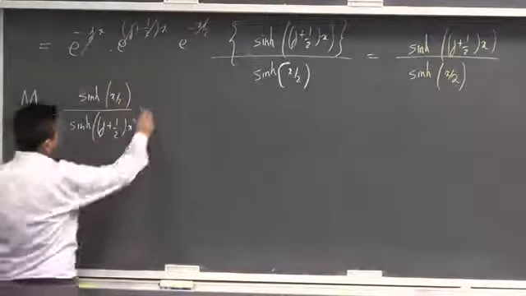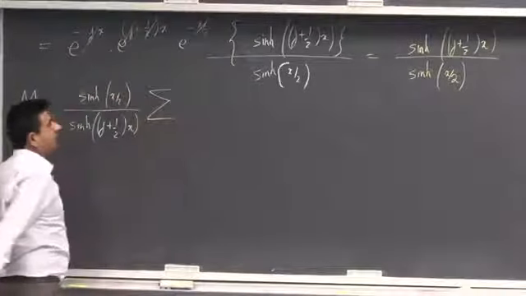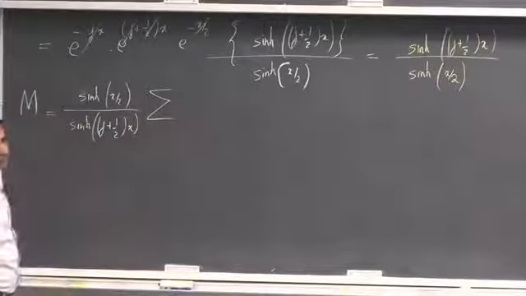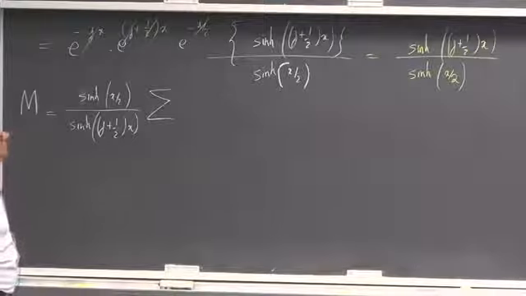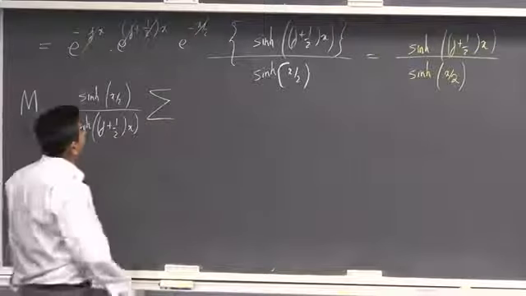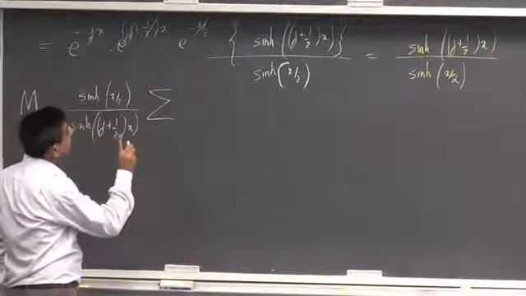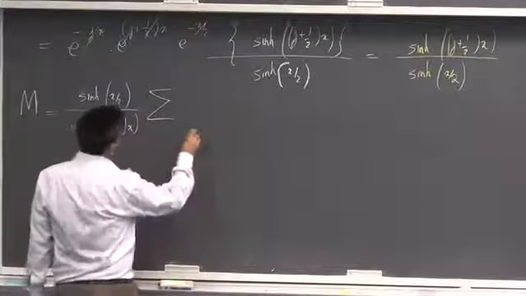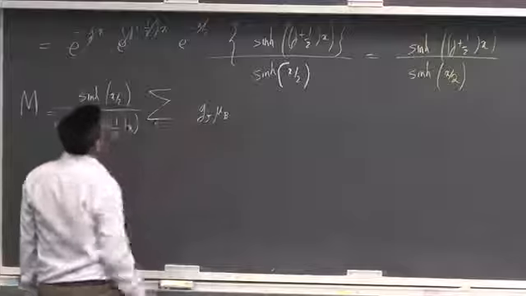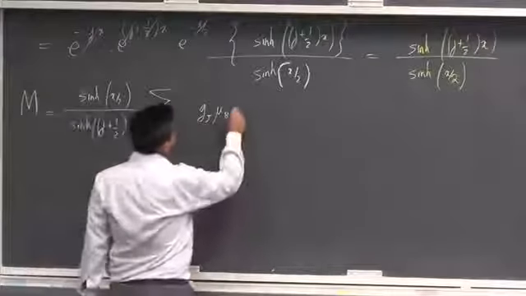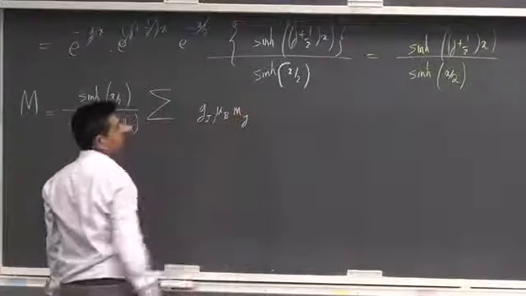And we have to take the sum, and we find out the magnetization of each m_J state, that's given by g_J mu_B m_J.